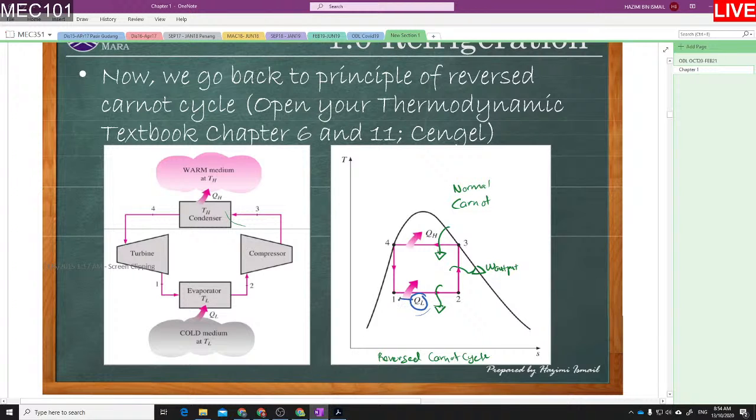So that is why the direction is opposite, in the reverse direction compared to the normal Carnot cycle. The reverse cycle needs the work input, so that is why we call it the reverse Carnot cycle.